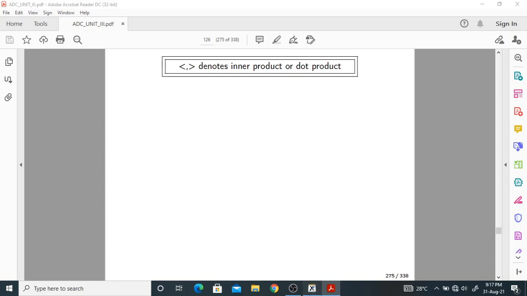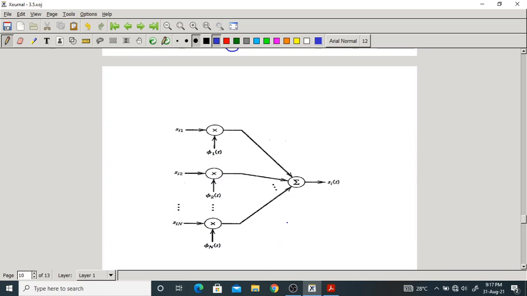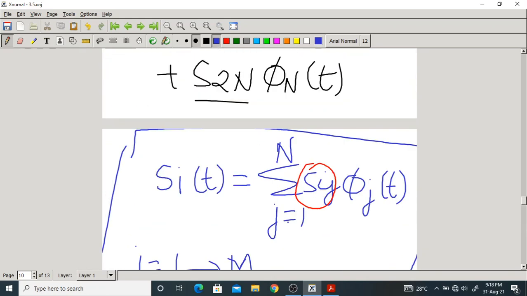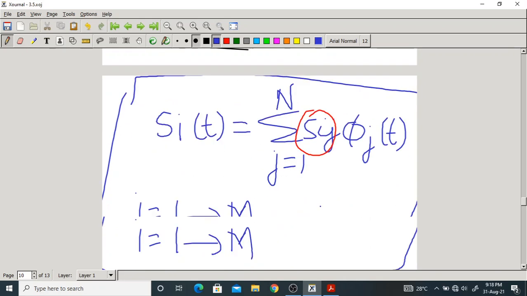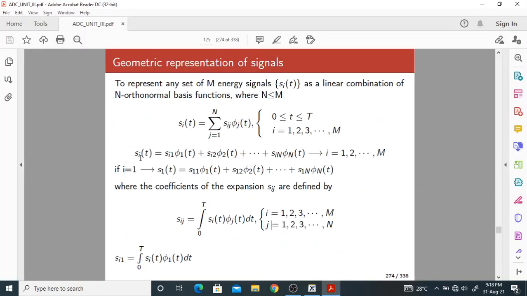Now this can be practically implemented like this. Here, what is happening? What is Si of t?